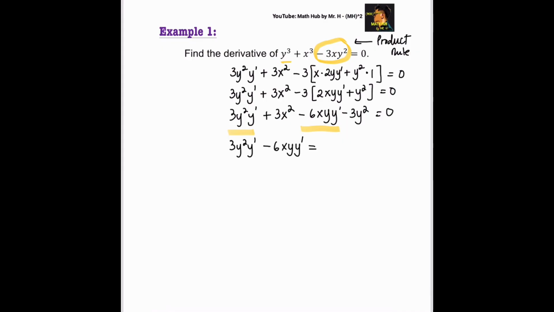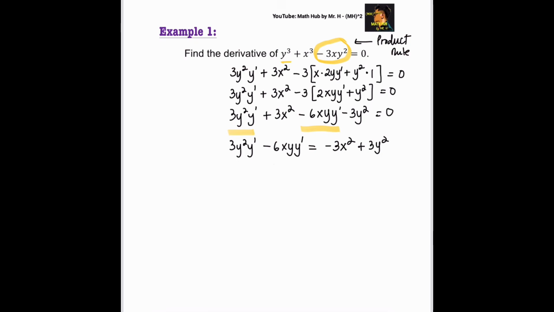The other two terms that do not have y prime, we put them on the right-hand side. So positive 3x squared will become negative 3x squared, and negative 3y squared will become positive 3y squared when moved to the right-hand side of the equation.